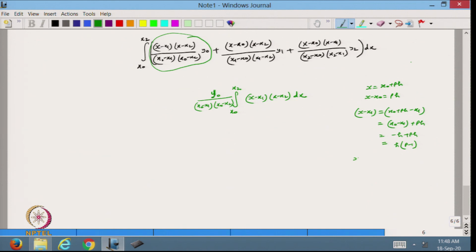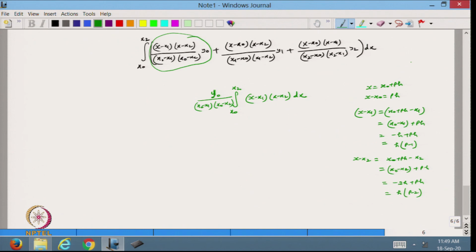Similarly, x minus x2 can be written as x0 plus ph minus x2. So, again I can take x0 minus x2, which is minus 2h, plus ph, and from here I can take h, this is p minus 2.